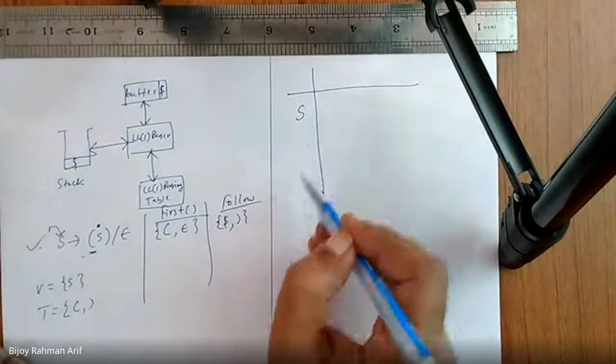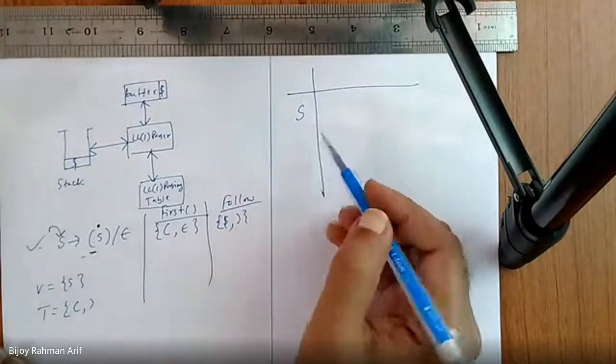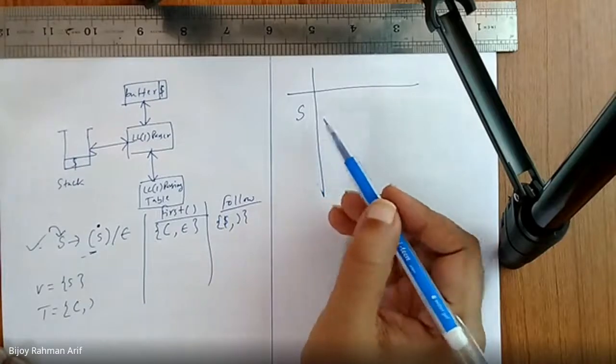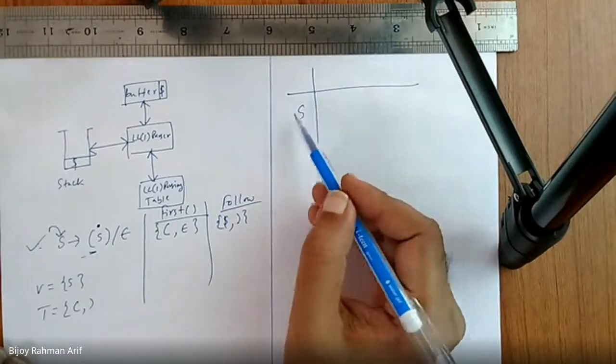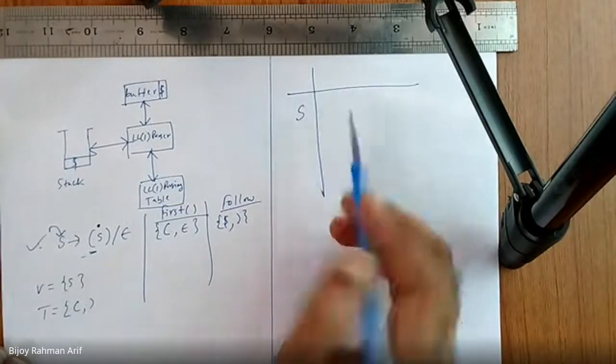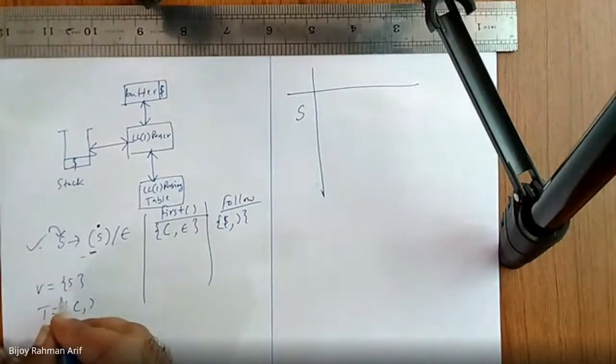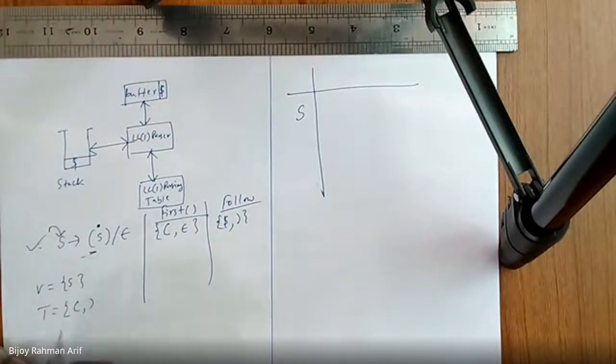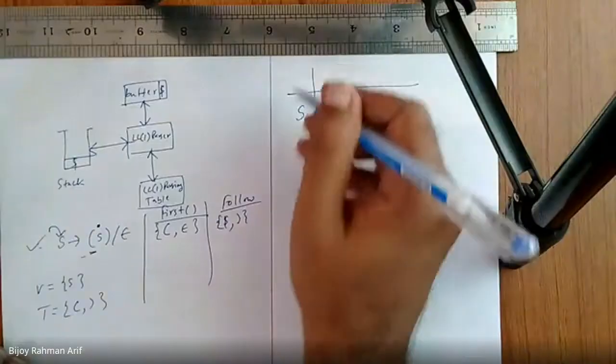Now, let's try to generate the parsing table. On the leftmost column, you should put all the variables. So how many variables are there? S. On the topmost row, you are going to put all the terminals. So how many terminals are there? Two. What are those?